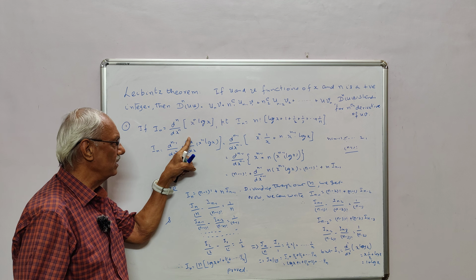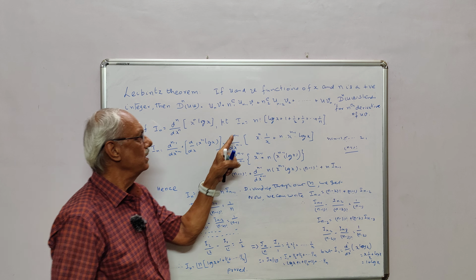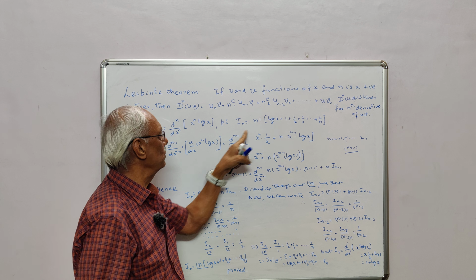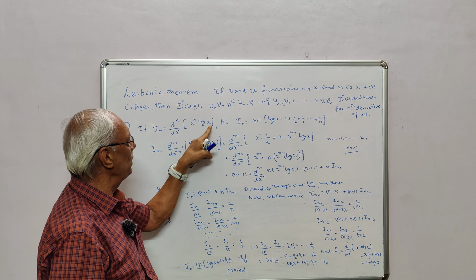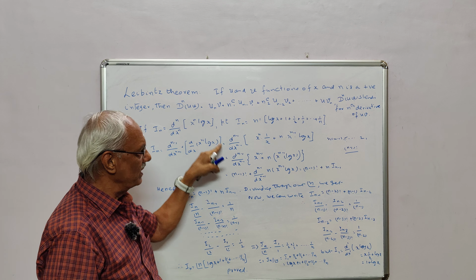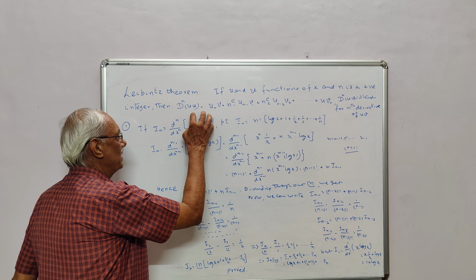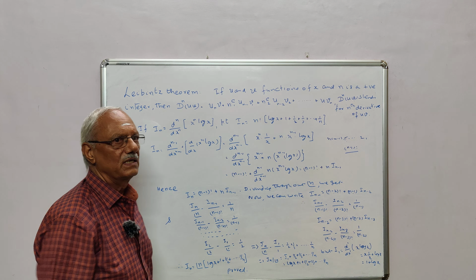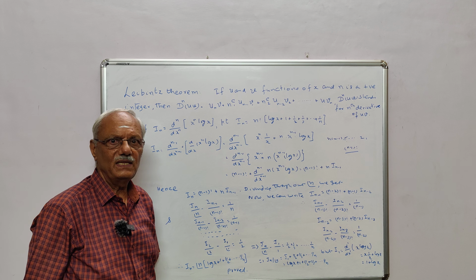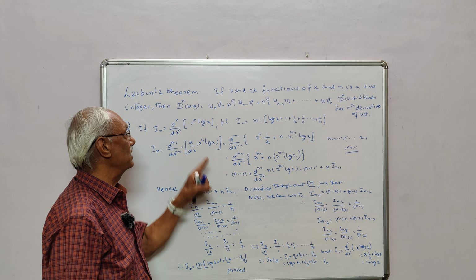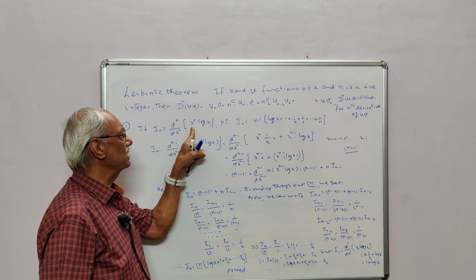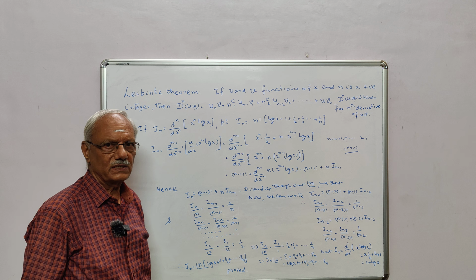You are asked to differentiate it n times. Find the nth derivative of the function uv, where u is x to the power of n and v is log x.